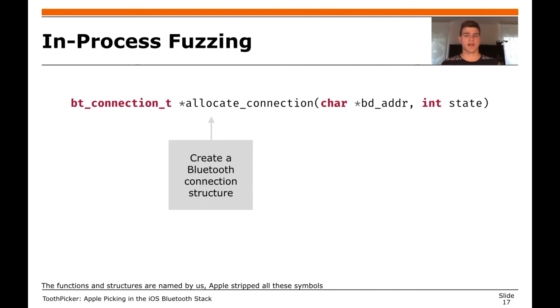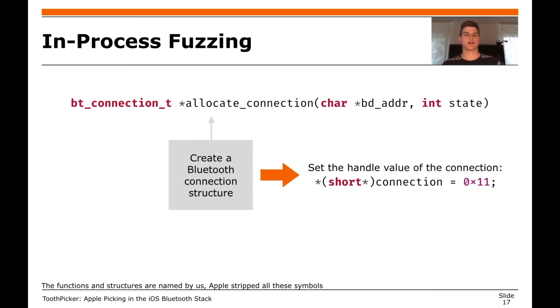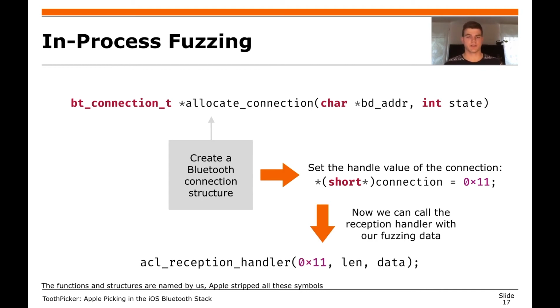However, we still don't have that handle value that we need for our ACL reception handler. But luckily, it's the first short in the connection structure. So we can just set this to an arbitrary value, in this case hex 11. Once we did that, we can call the ACL reception handler with our crafted handle value and the length and data.